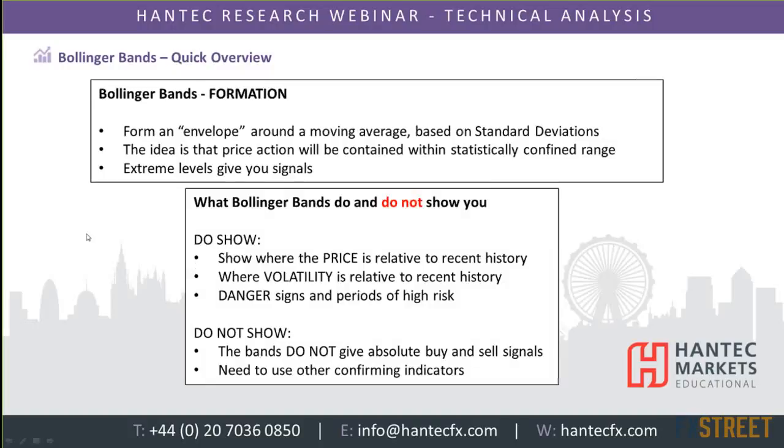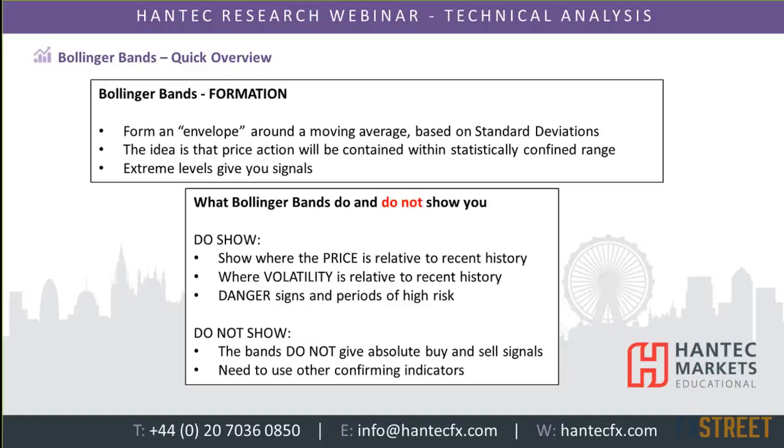Bollinger Bands work in a very similar way, and they use standard deviations around a moving average. They were designed by a gentleman called John Bollinger in the 1980s, and the theory is that you should use a 20-period or 20-day moving average and a 2.0 standard deviation.